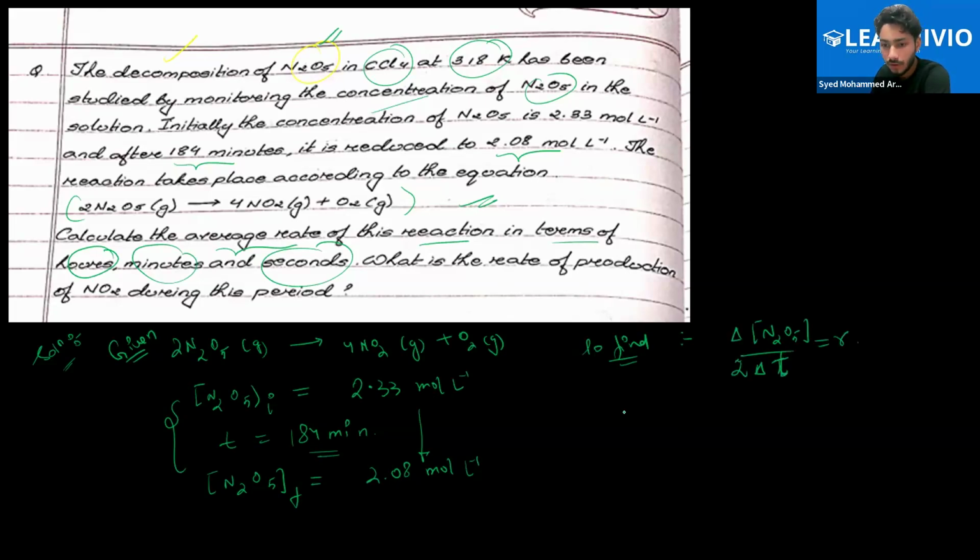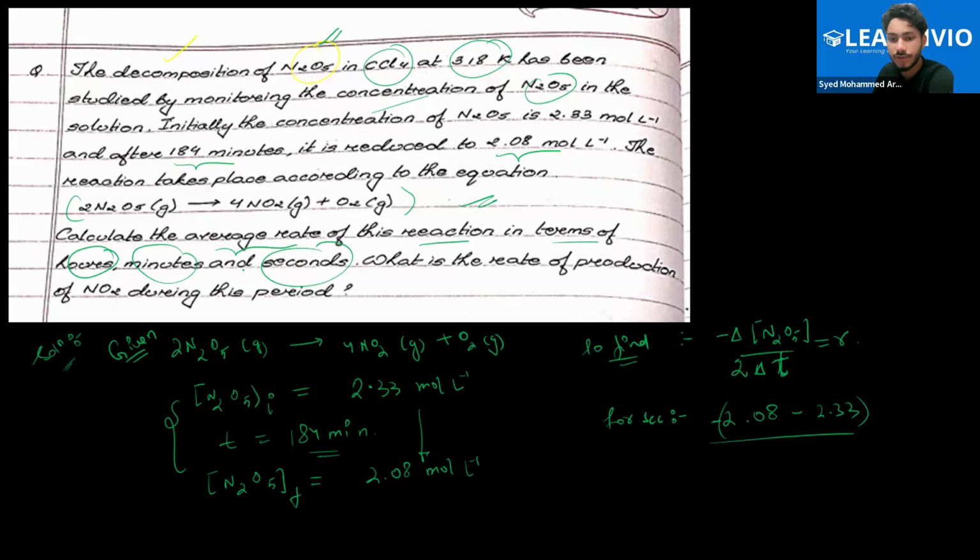Just solve it for seconds. Your change in concentration would be minus (0.8 minus 2.33), divided by delta T, which is 184 minutes.